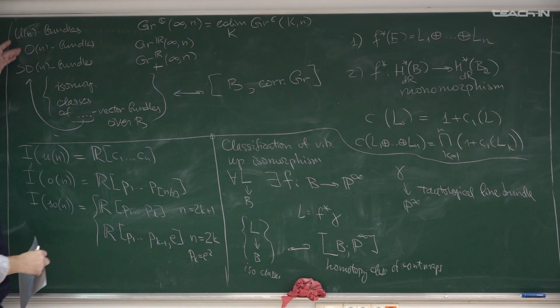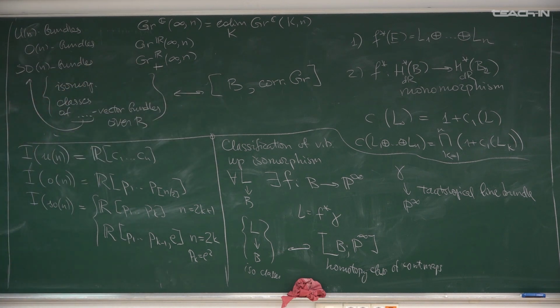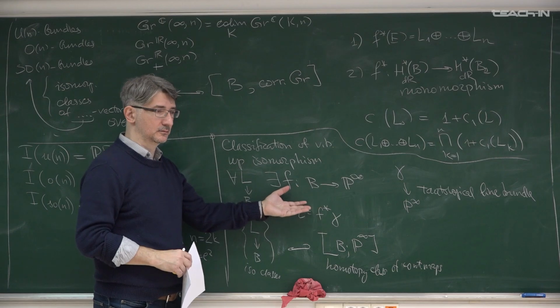For each case, you have the corresponding Grassmannian. So you write this. This map is just taking the pullback.